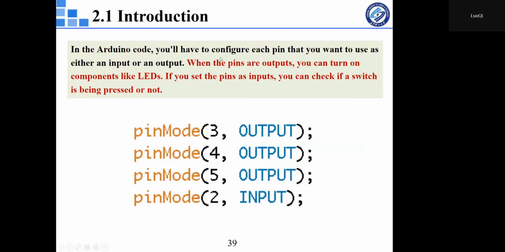In the Arduino code, you have to configure each pin that you want to use as either input or output. The pinMode of pins 3, 4, 5 is output, and pin 2 is input. When the pins are output, you can turn on components like LEDs.